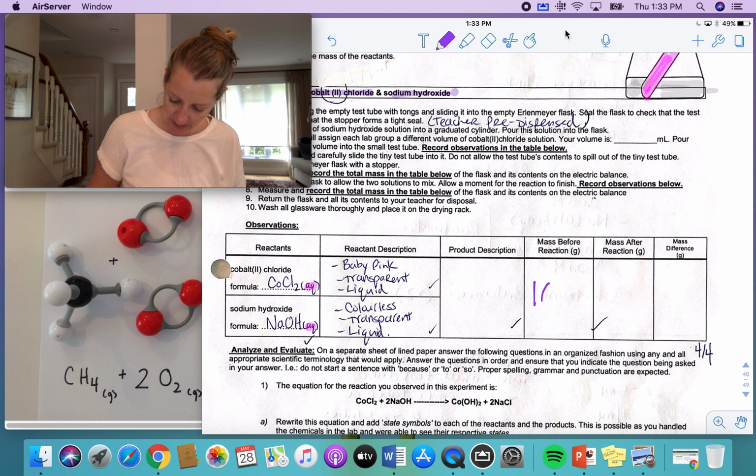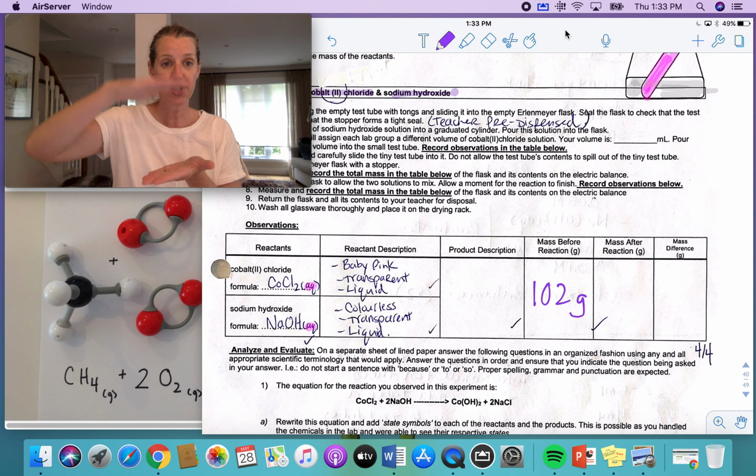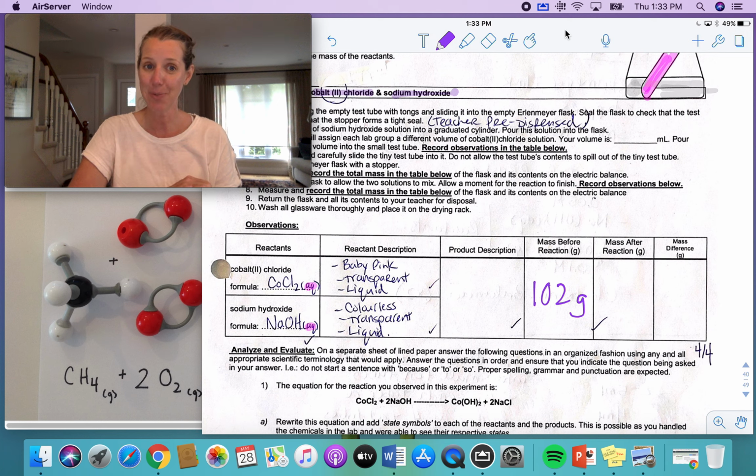Let's say I had 102 grams. Then I'm going to let those 2 react together. How would you do that? Well, you put a stopper on it just in case any gases were formed. You don't want the gases to escape, and you take a mass of your apparatus afterwards.